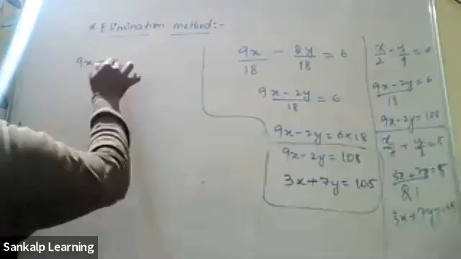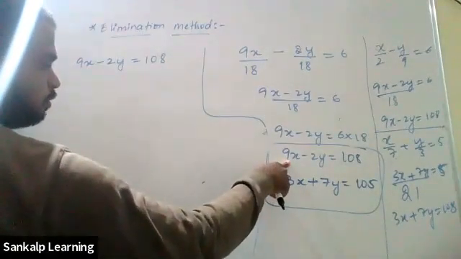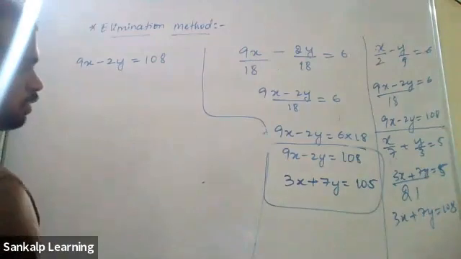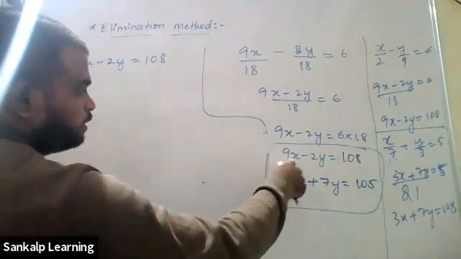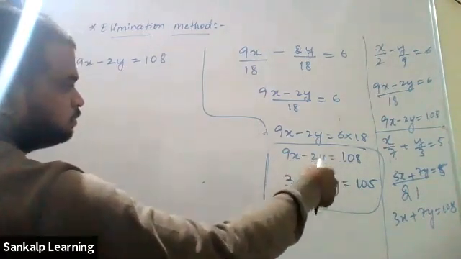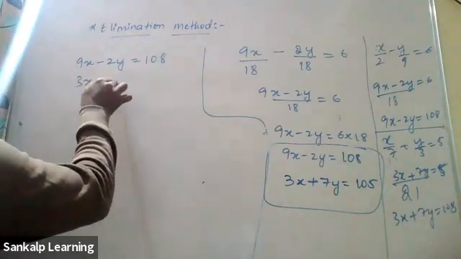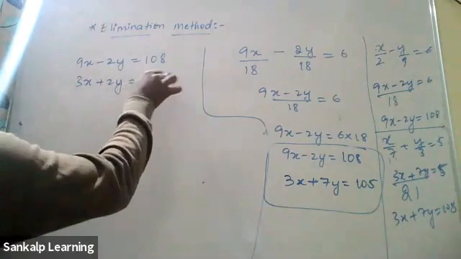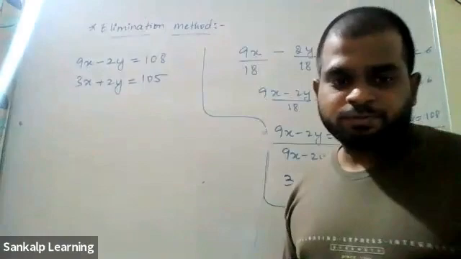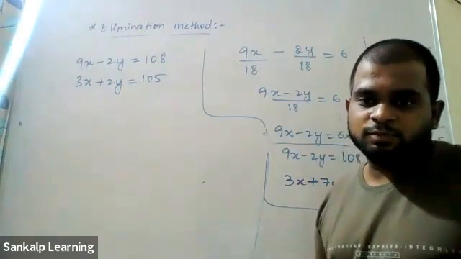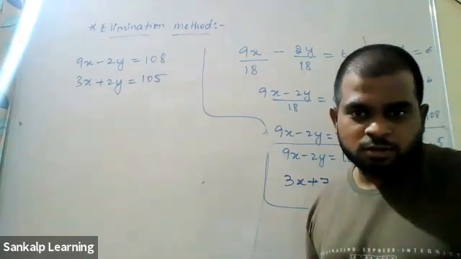Sir, y is equal to 9 and x is equal to 14. 14 2s are 28. x is equal to 9. 9 9s are 81. You're not getting it. Okay, x is equal to 14. Okay, 126. 9 2s are 18. Ashita, will you tell me how to solve this by elimination method? What should we do? Okay, she's not there, I guess.